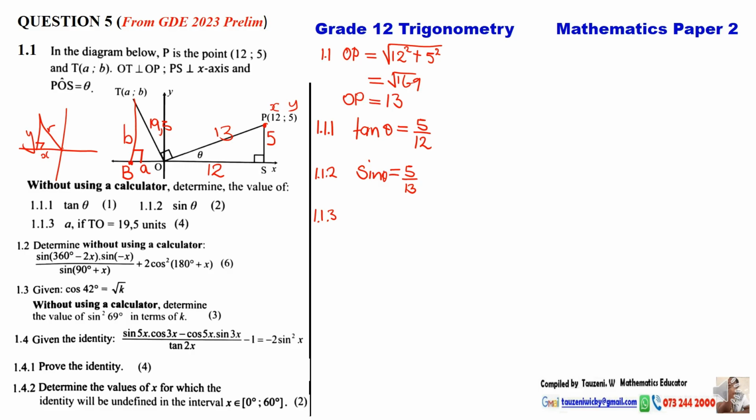The angle is measured from the positive side of the x-axis. So this angle from the positive side of the x-axis is theta.